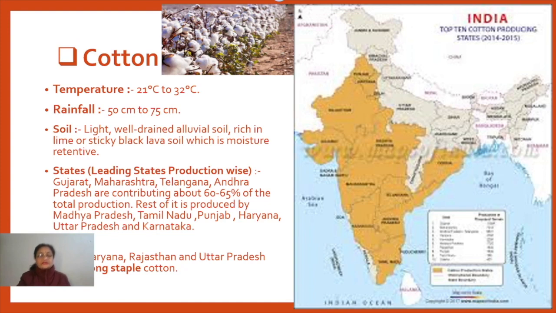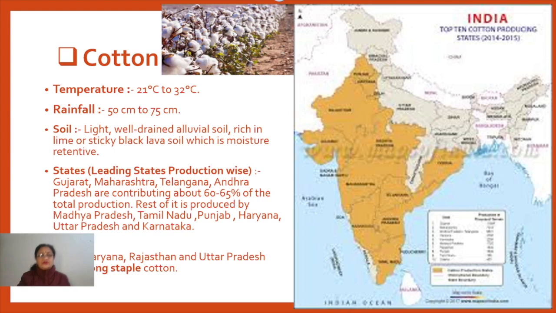Cotton is basically a tropical crop, and in India it is grown as a kharif crop in most parts of it. Throughout its growing season, the temperature should be almost within the range of 21 degrees centigrade to 32 degrees centigrade. Okay, it should not go very high, neither should it go very low.